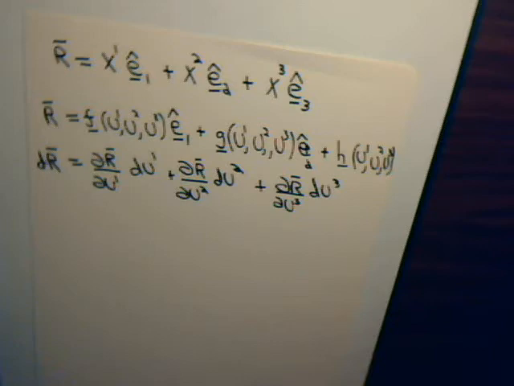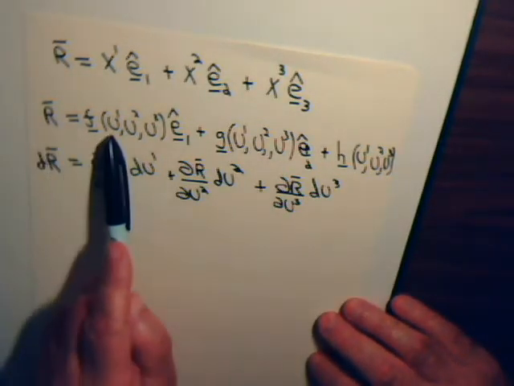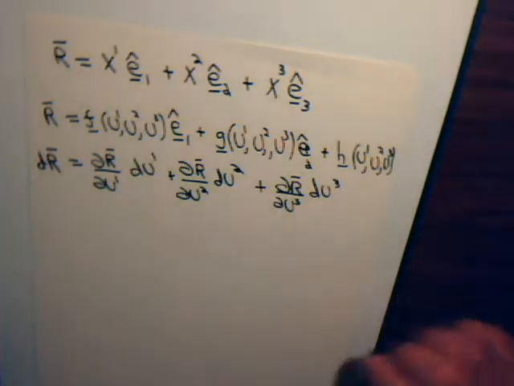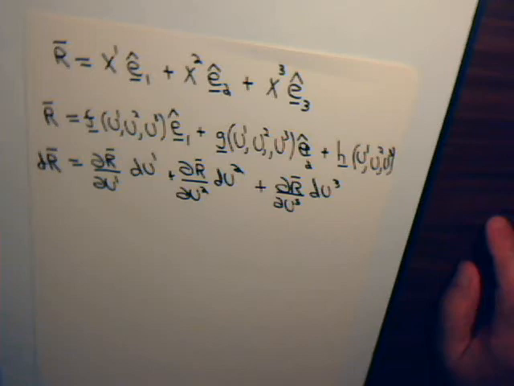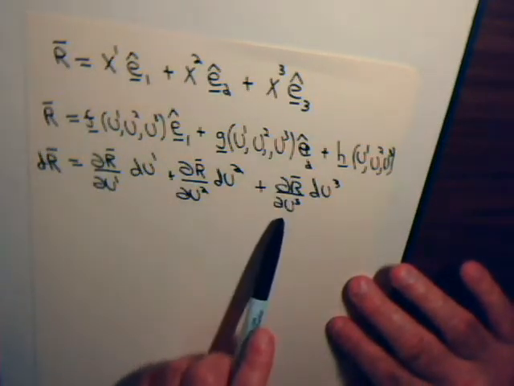And again, we can take these partial derivatives because we can express r as a function of u1, u2, and u3 by using our transformation equations. So taking these derivatives is no problem.